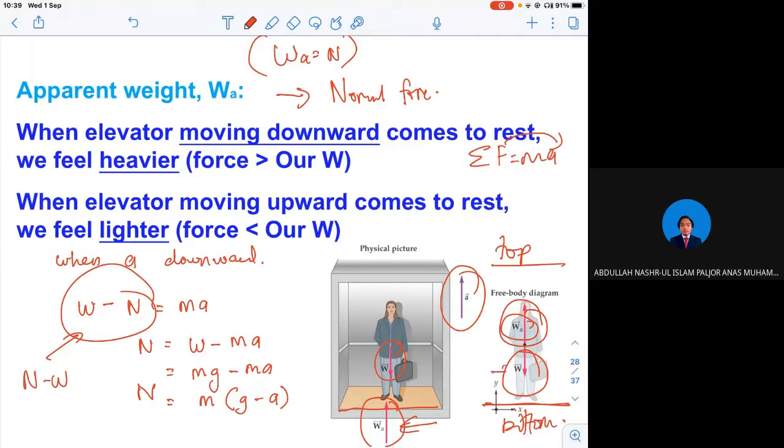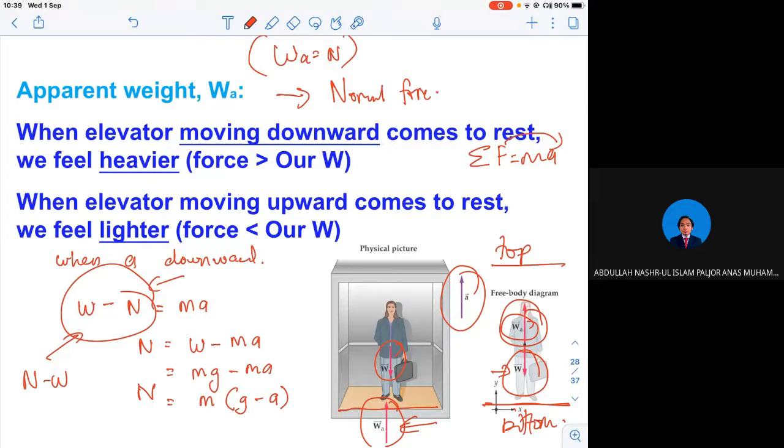I believe we can agree that W will reach the bottom first. So this is how I write my equation: W minus N equivalent to MA.